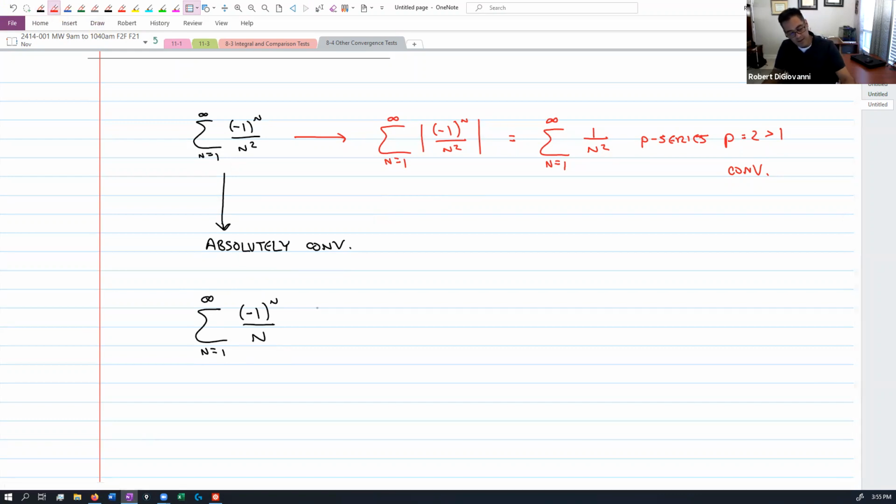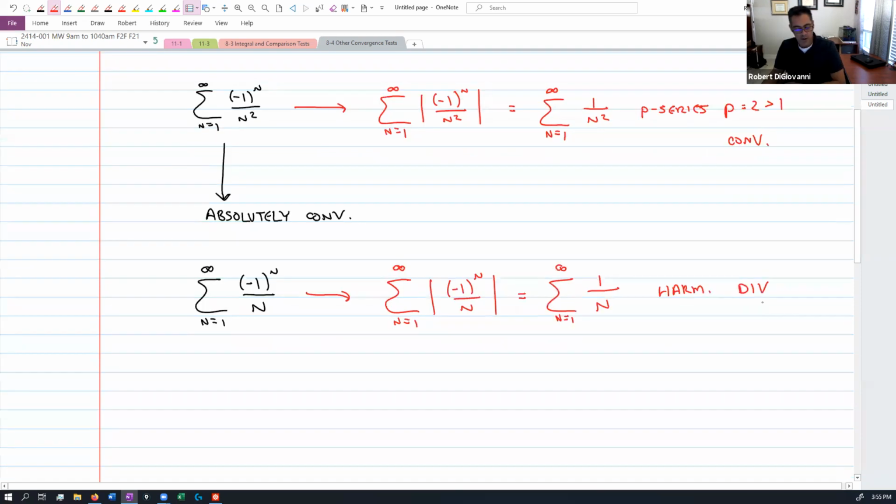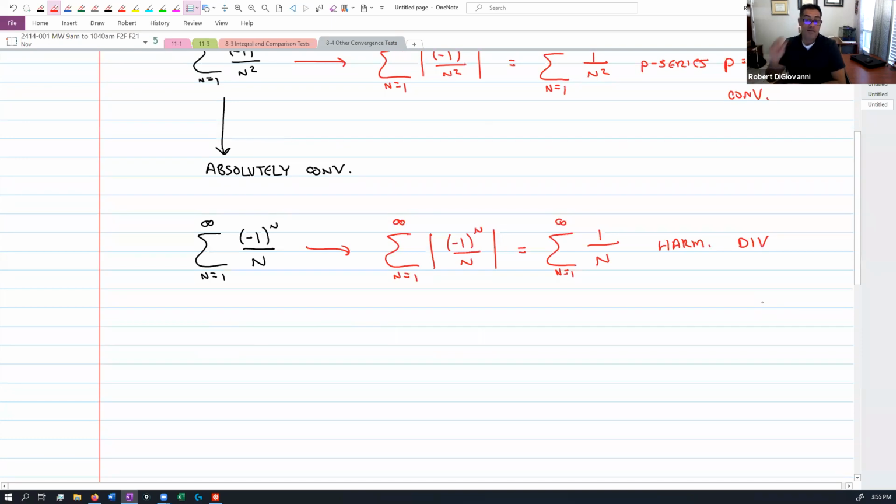Now, if we look at the sum of the absolute value, when we take the absolute value of this, we no longer have to worry about the -1. So we just get 1 over n, and this is harmonic, and it diverges. So what can we say, right?